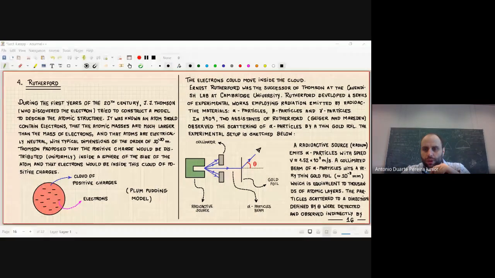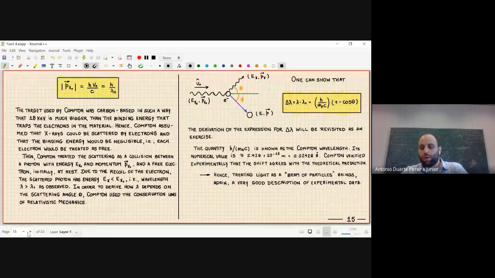What happens if the change in lambda is 0? Okay. So going back to the Compton effect, if delta lambda is 0, it means that this term here is 0. So the right-hand side here is a product of a constant, which is non-zero.